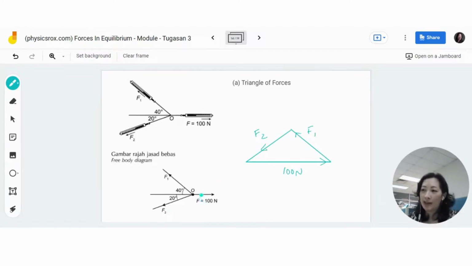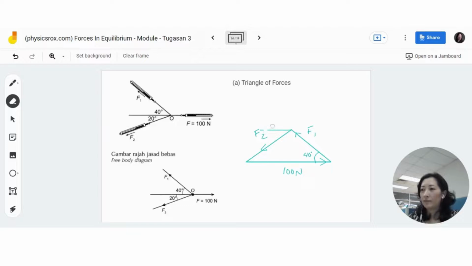Now, if you're not sure how to place the angles, remember that this is always from the horizontal. So let's start with F1. F1 is 40 degrees from the horizontal. So the horizontal is here. That means this is 40 degrees. F2 is 20 degrees from the horizontal. So F2 starts here, right? So what you do is you draw a horizontal line.